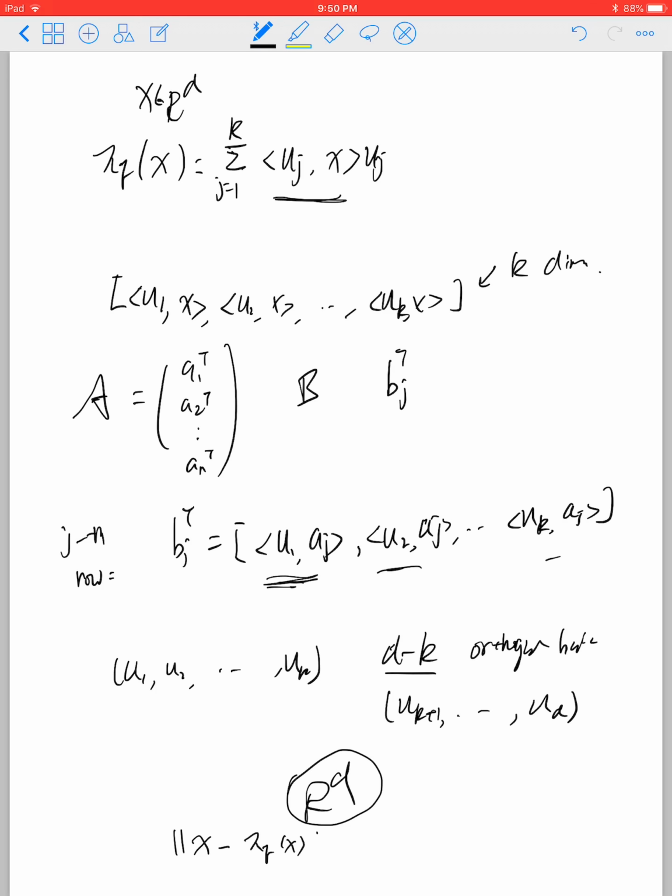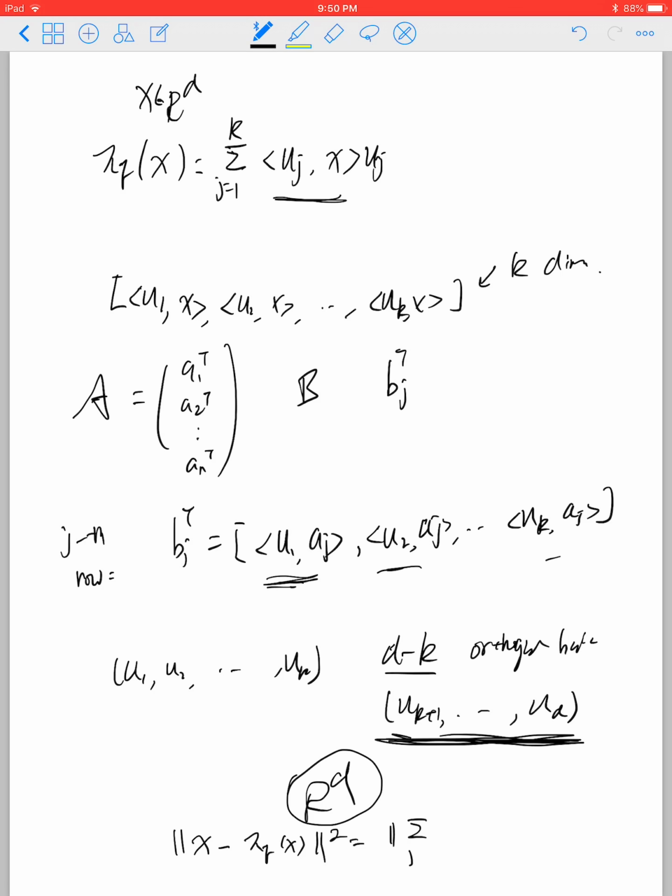Then we obtain the jth row of matrix B, and we can continue to finish every row of the low-dimensional matrix B. The inner product between each basis and the original vector can be considered as the coordinates when you project Aj into this new k-dimensional coordinate system formed by U1, U2 to Uk.